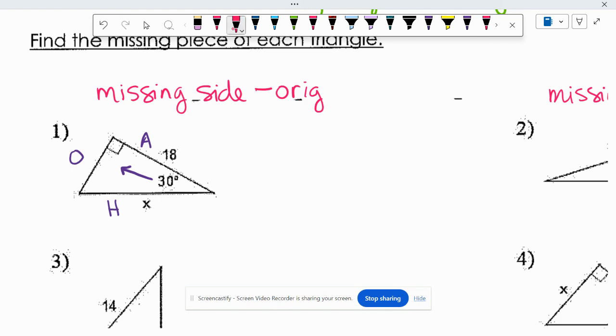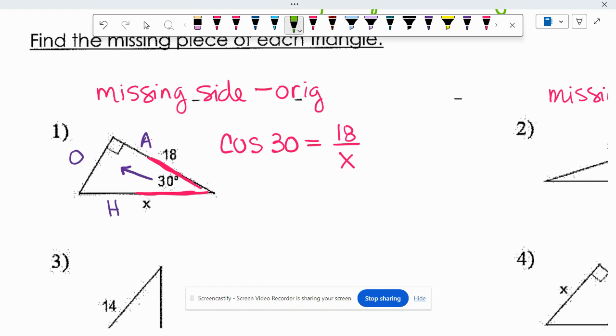Okay. Perfect. So what trig function, we have a measurement on the 18 and the hypotenuse. What trig function uses AH? Cosine. So we have to use the cosine. The cosine of 30 equals the adjacent side, which is A. So that's the measure 18 over X. So how do I get X out of the denominator?